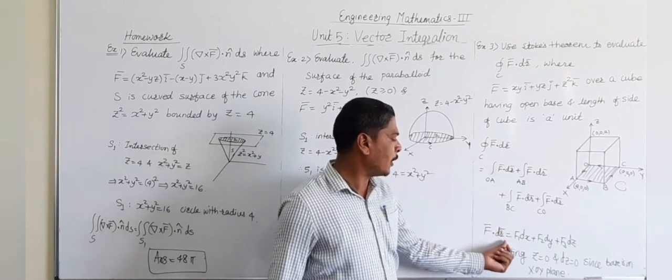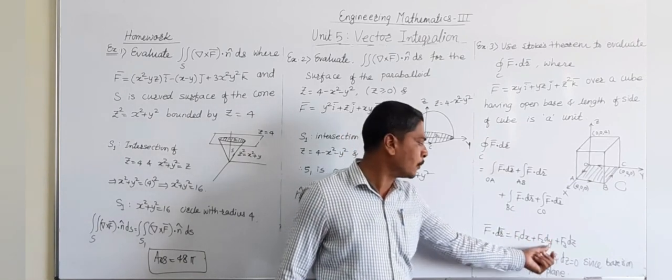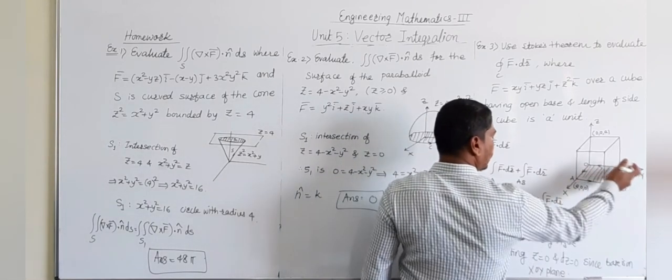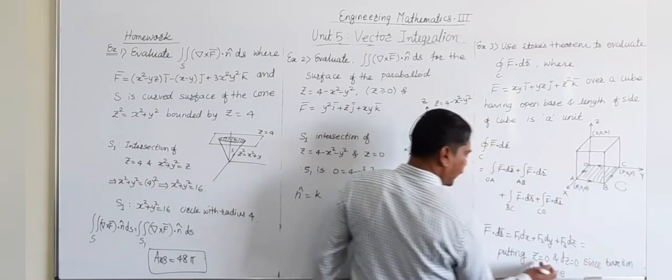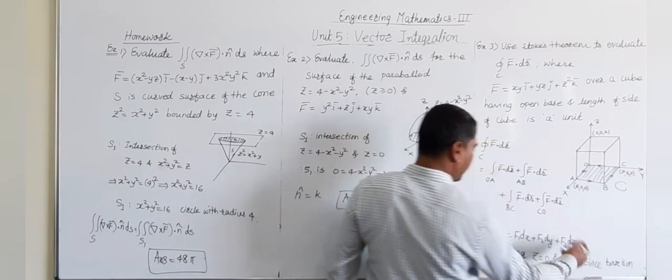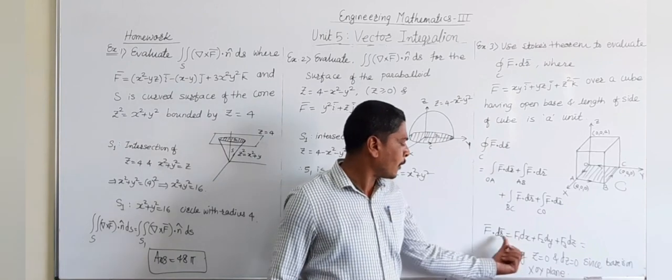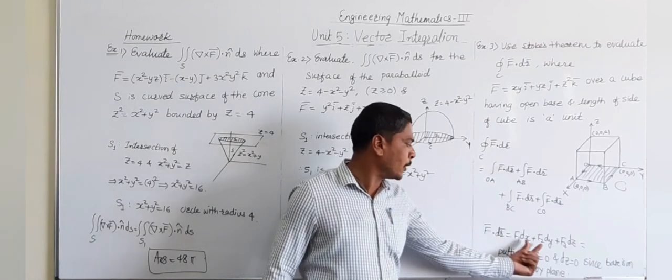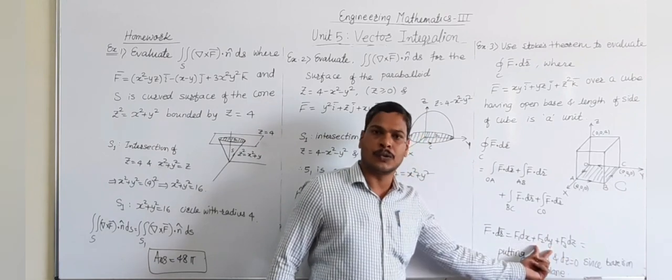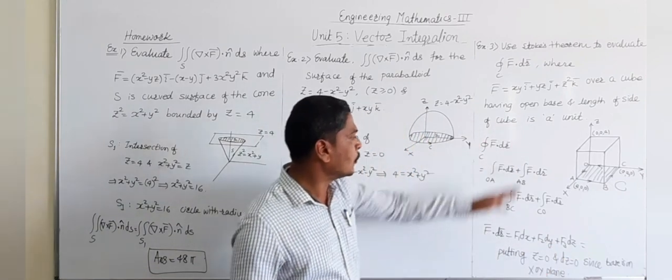And here F bar dot dr bar becomes F1 dx plus F2 dy plus F3 dz. But this curve is on xy plane, so that's why z is equal to 0. Therefore, dz is also 0. And in that way, we get our F bar dot dr. So put in this equation z is equal to 0 and dz is equal to 0. Okay, and then solve this.